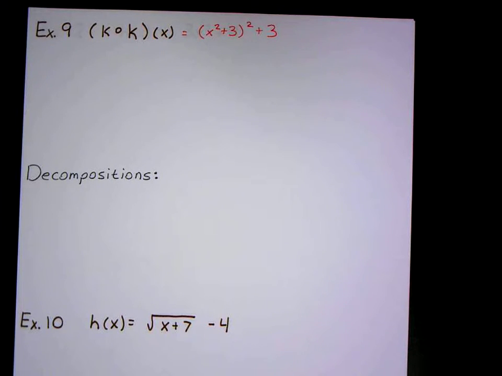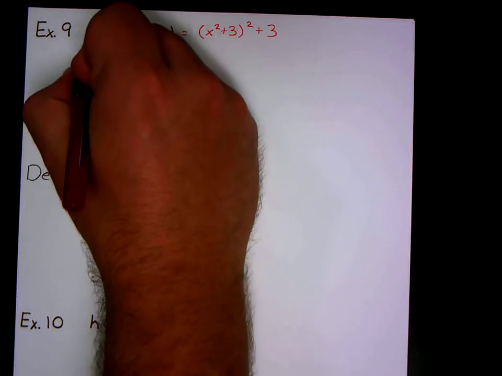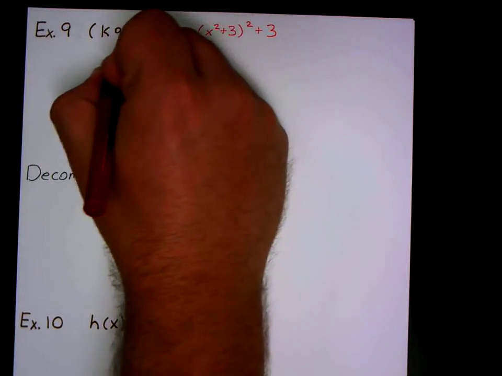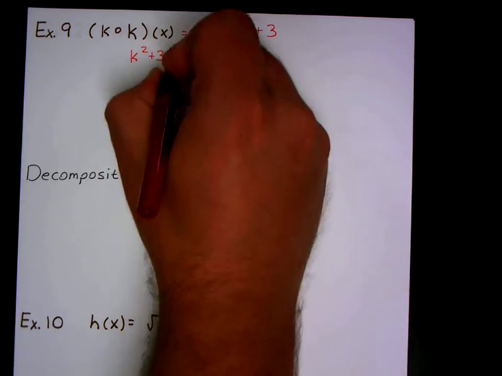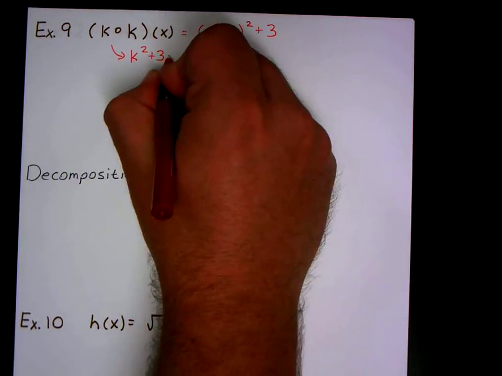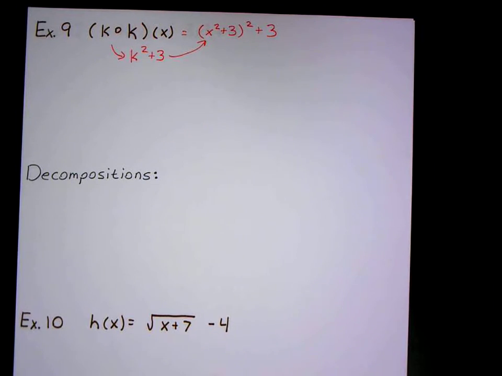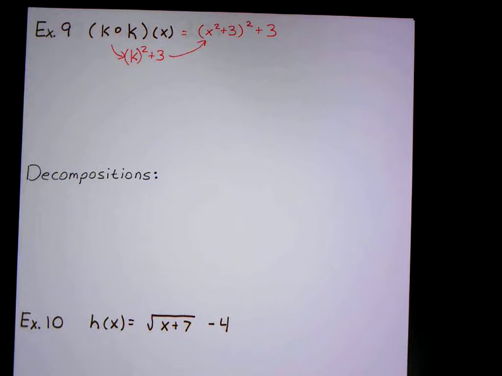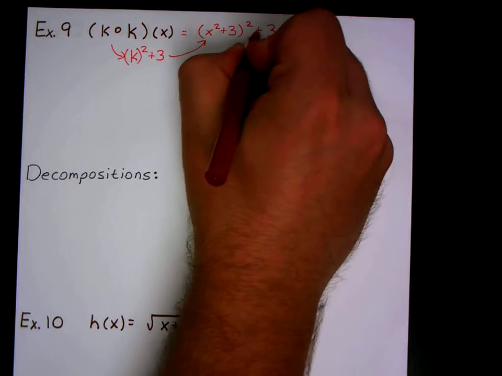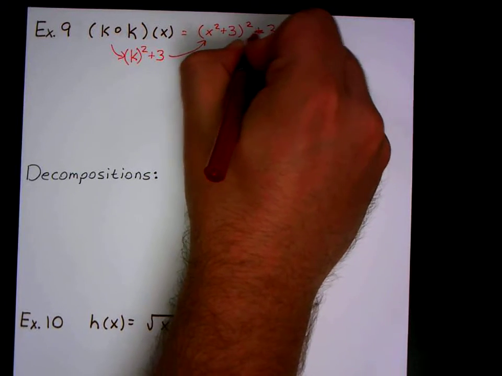Did I slow that one down a little bit? So the step before that looks like this. And I replace the k with what k equals. Oh, sorry. Is that what you're trying to tell me?